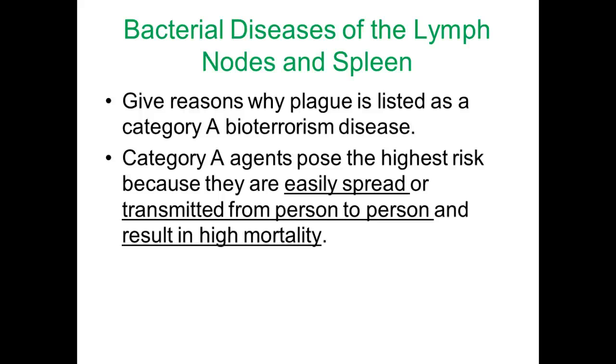So that brings us to other categories within bioterrorism. So the plague is listed as a category A bioterrorism disease, where I'm pretty sure brucellosis is B. What A means, if something is put in the A category, the agent poses the highest risk because they're easily spread or transmitted from person to person and result in a high mortality rate.